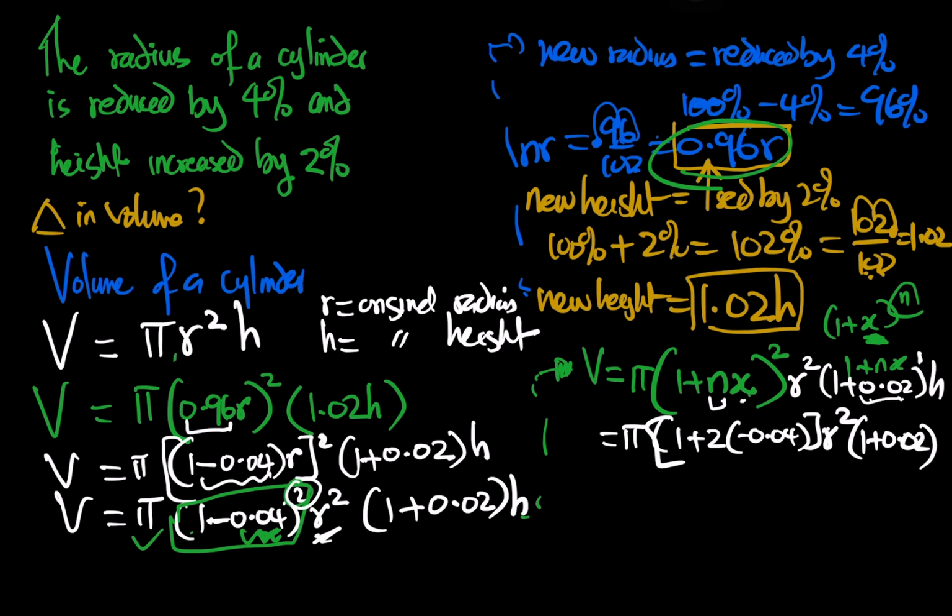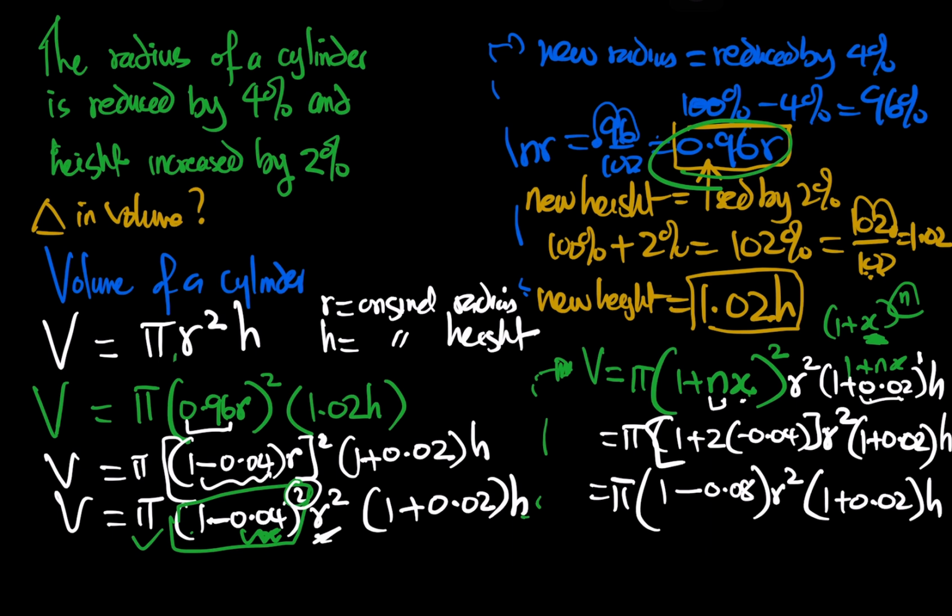So we're going to have pi into 1 minus 0.08 r squared, and it will give me 1 plus 0.02h, in that order.